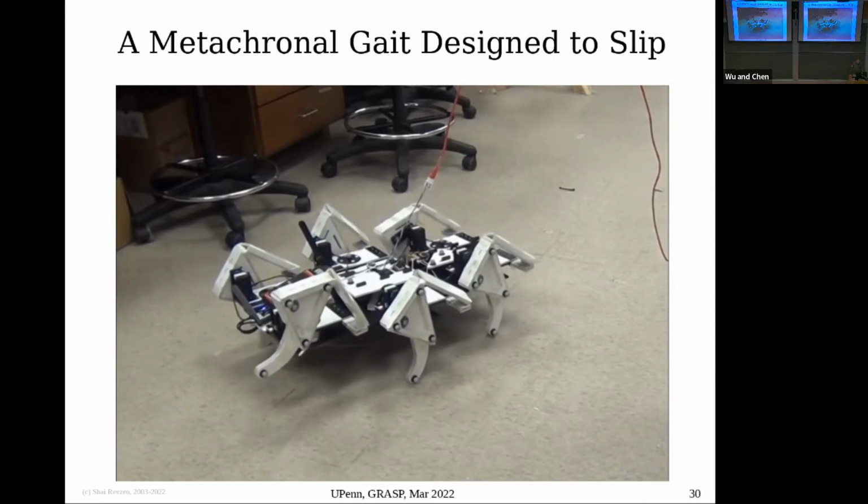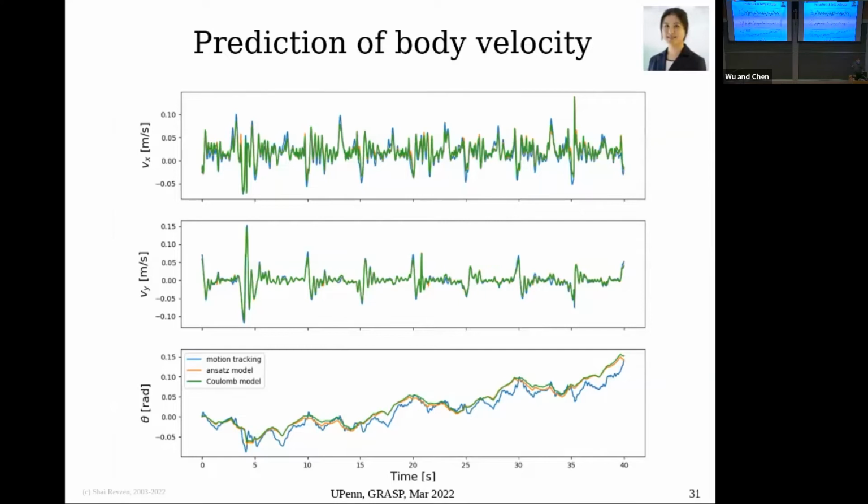And guess what? The prediction's really good. So the blue line you see here is the motion tracking data. The orange line is our ansatz model. And the green line is what you get if you actually do Coulomb friction.